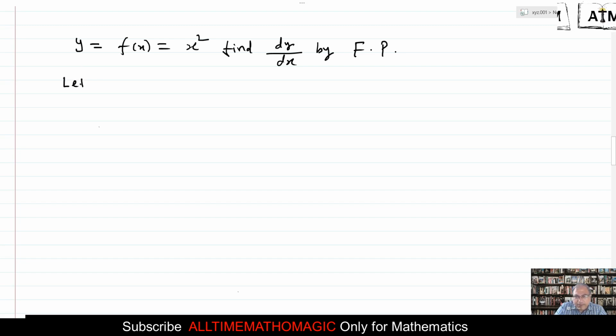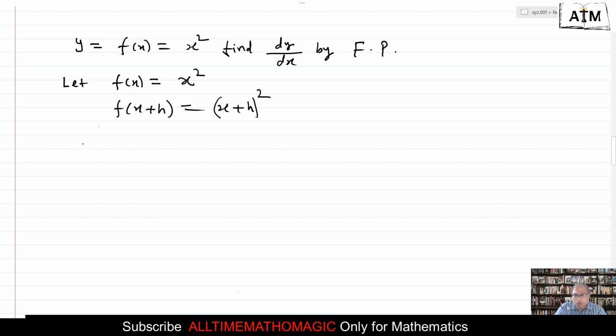So let f of x equals x square, f of x plus h equals x plus h whole square. What is h? h is an increment in x value, which is a very small increment.